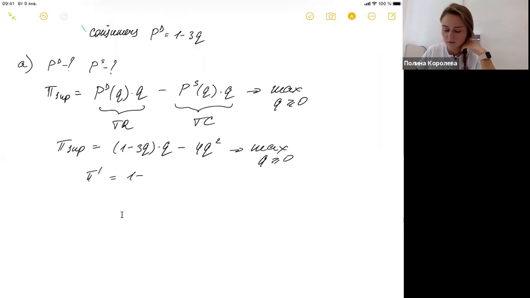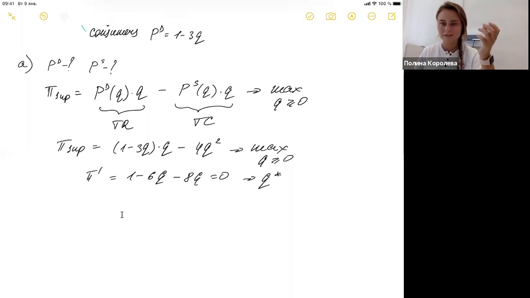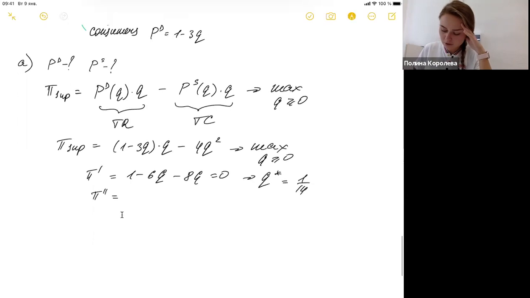This will be 1 minus 6q minus 8q equals 0. From here we will find how many apples the supermarket will buy from farmers and then sell to consumers. It is 1/14. But first of all, let's check the second order condition. It is -6 minus 8, less than 0, so we found a maximum.